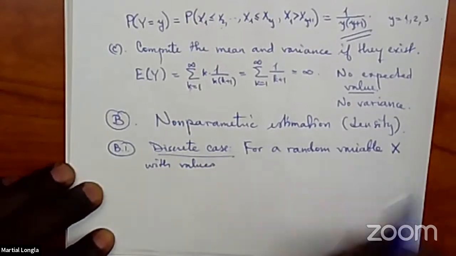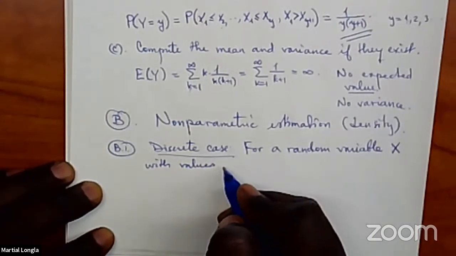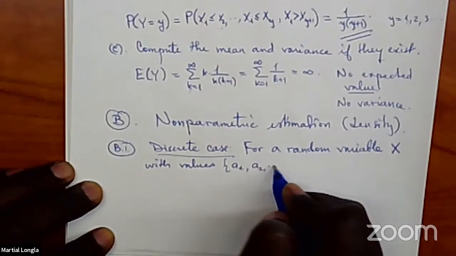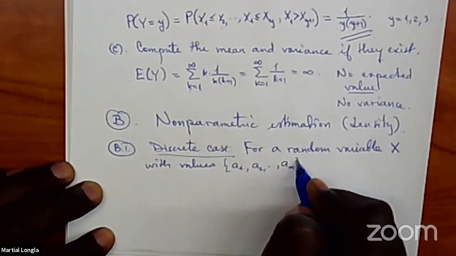So we know the values A1, A2, down to AM.